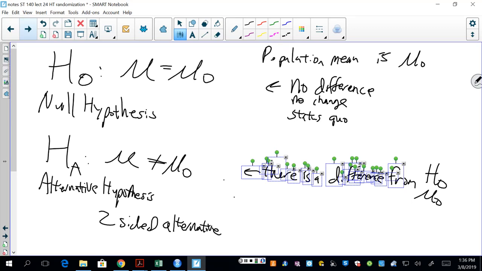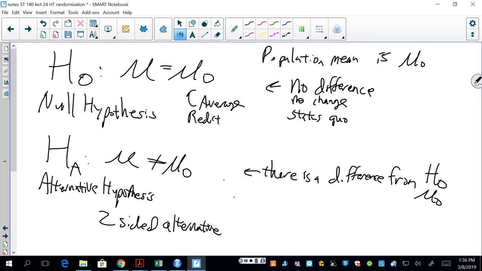So that says that there is a difference from the null hypothesis. Sometimes that's done in contexts like this: maybe you're studying a drug to lower blood pressure. So this could be the average reduction in blood pressure for the standard drug.